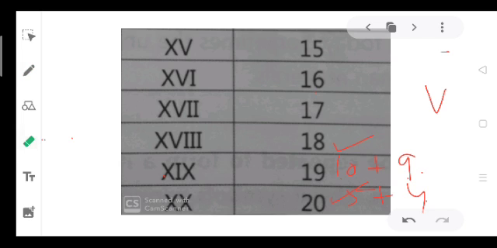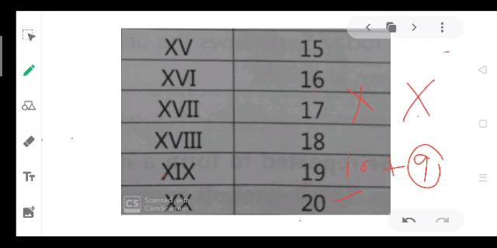For 19 we will not write in this way. For 19, what will we write? Firstly we write 20 and then we subtract 1. So its breakup value is 10 plus 9, and for 9 we are not having a symbol, but for 10 we are having the symbol X, so we can write X, but it becomes 20. So before this X, we will write I. So 10 plus 9, it becomes 19.